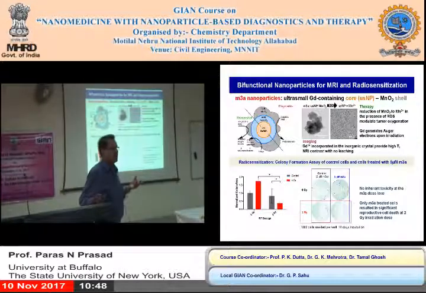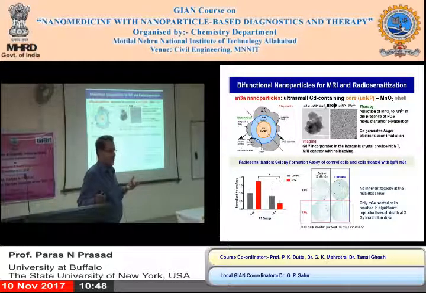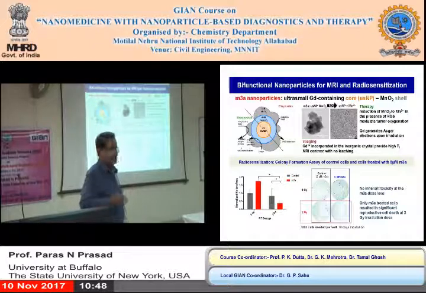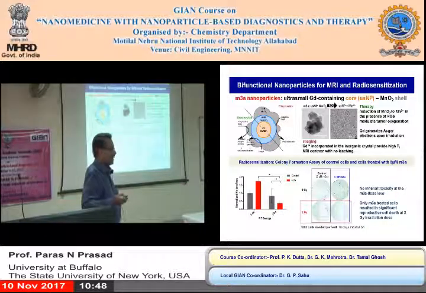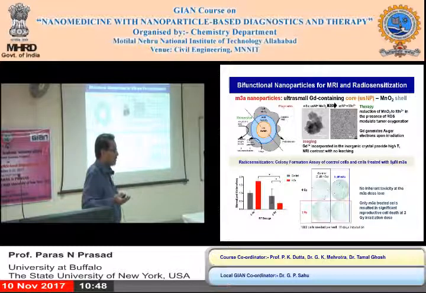This is what is called radiotherapy or radiation therapy, one model of that. So gadolinium does two things. First of all, it provides contrast for MRI, magnetic resonance imaging. It's magnetic. Second, it enables you to use X-ray for therapy, okay?